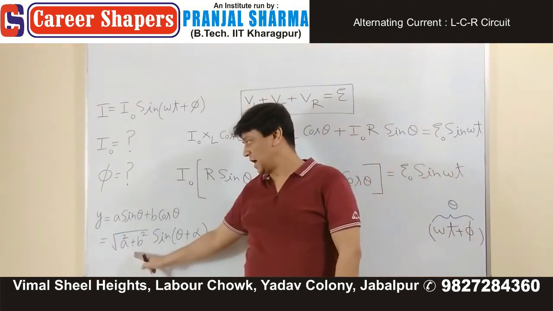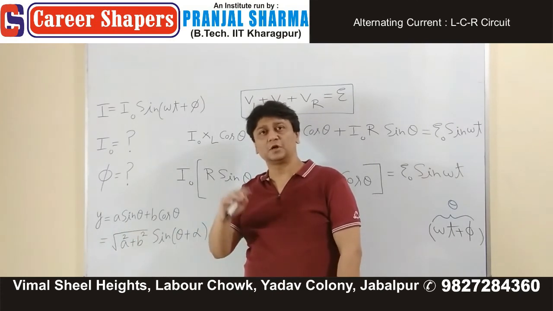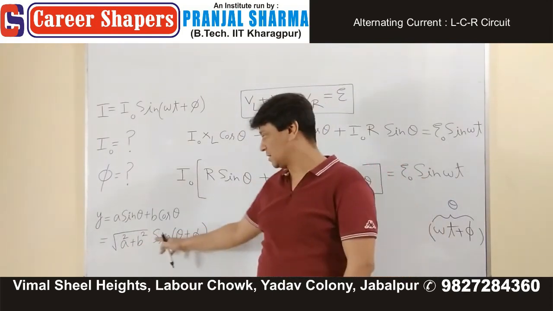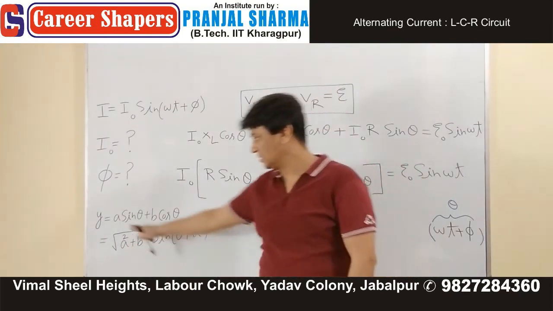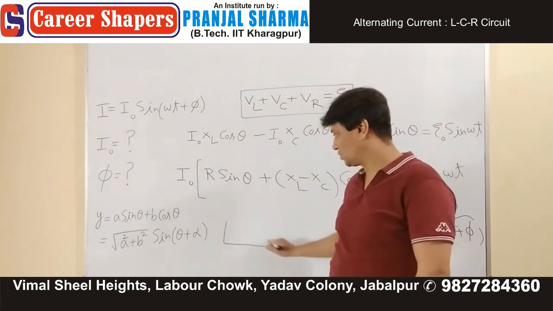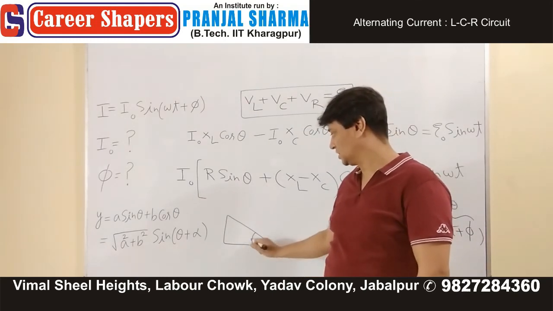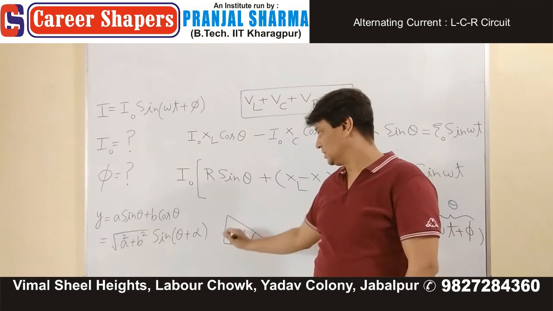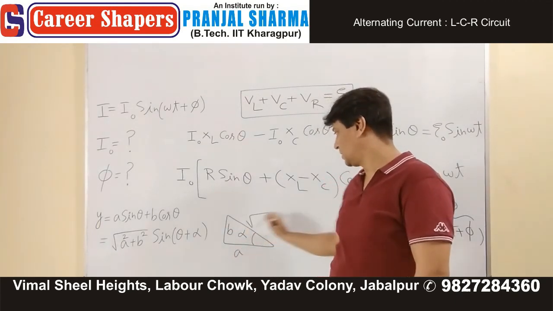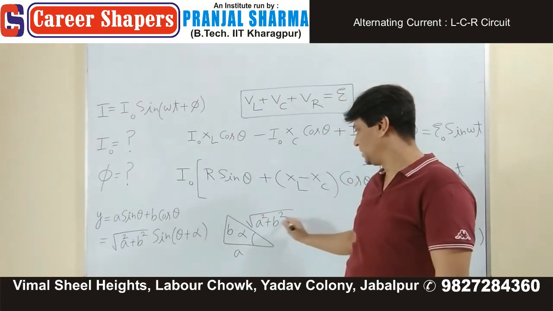You multiply and divide by this and you get the form of sine A cos B plus cos A sine B, which is root A square plus B square sine theta plus alpha. For this part, you construct a right angle triangle with this angle alpha, this length B and this length A. The hypotenuse becomes root over A square plus B square.